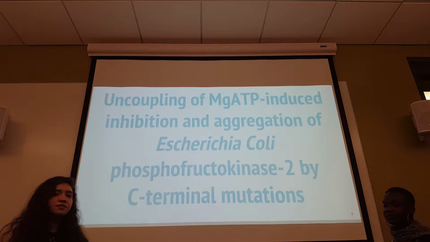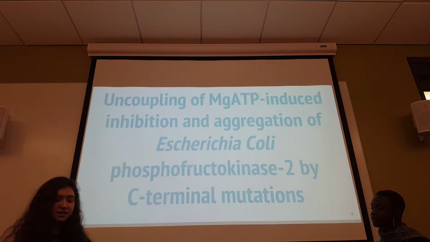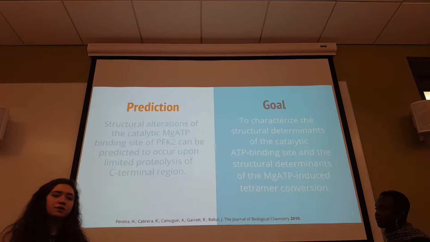So the primary literature that we're discussing for this project is the uncoupling of MG-ATP-induced inhibition and aggregation of Escherichia coli phosphofructokinase-2 by C-terminal mutations. A little bit of background information for this project. In previous experiments, they were able to get fragments of the enzyme via proteolysis, and these fragments were able to retain their allosteric binding capability, but they weren't able to form tetramers.